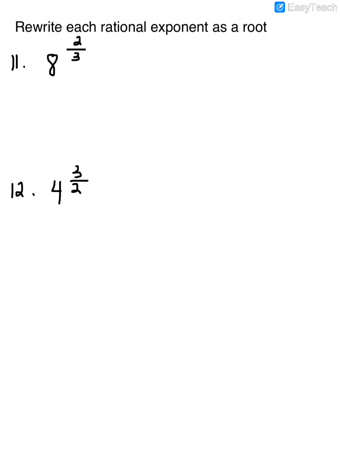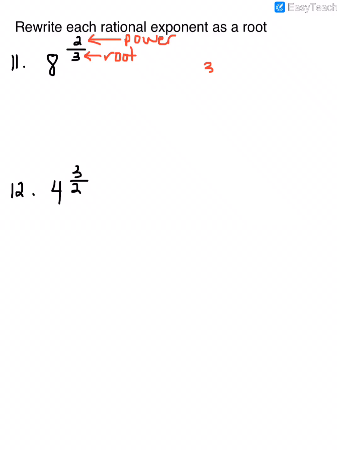Again, we're rewriting each rational exponent as a root, but these exponents have numbers other than 1 for the numerator. If you'll remember, I told you that the bottom number is the root and the top number is the power. So to rewrite a number like this, the index of my root is 3.